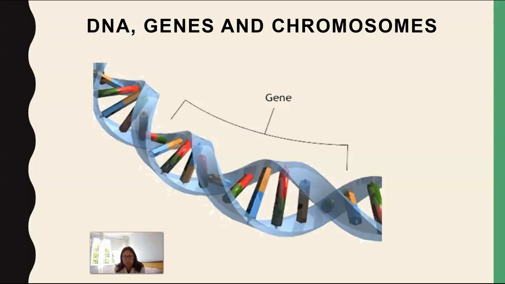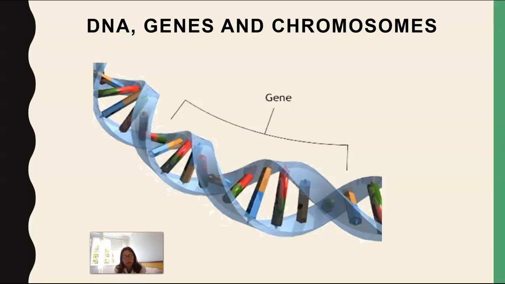So we're now going to discuss DNA, genes and chromosomes. And the picture that you can see on the screen here is something you've probably seen before. It's a representation of the DNA molecule. And you can see here it looks like a twisted ladder where we have the sides of the ladder, which is made up of a sugar and a phosphate, but the rungs of the ladder are made up of 4 different bases.